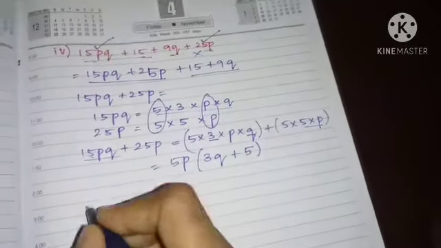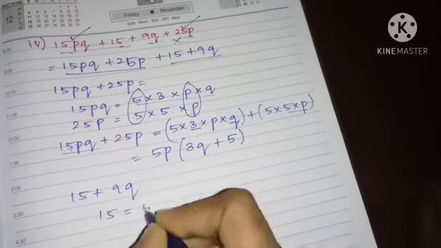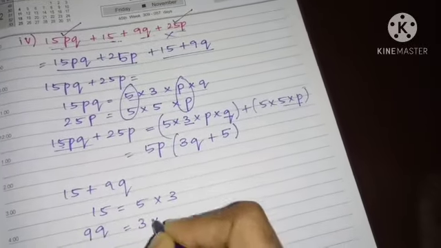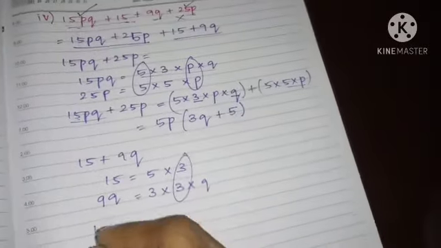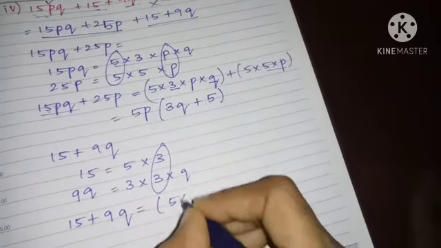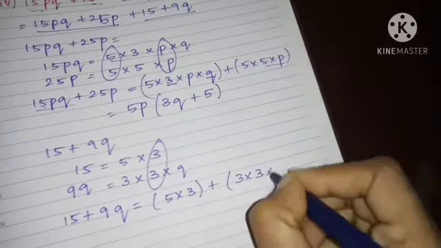Next term, 15 plus 9q. How will you write 15? 5 3s are 15, plus 9q, 3 into 3 into q.